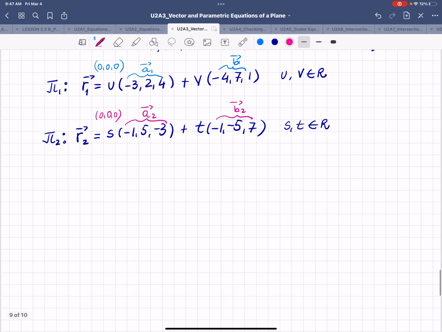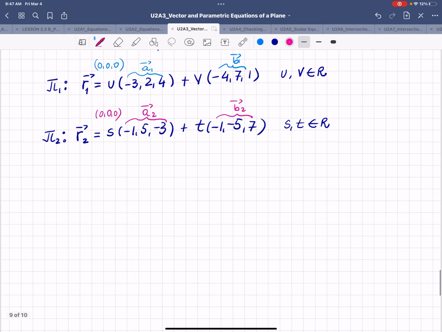So at this point, we would like to think, what makes two equations represent the same plane? Remember that A1 and B1 are already on the same plane. And what I'm going to do is draw two vectors, A1 and B1. So let this one be A1 and this one be B1.